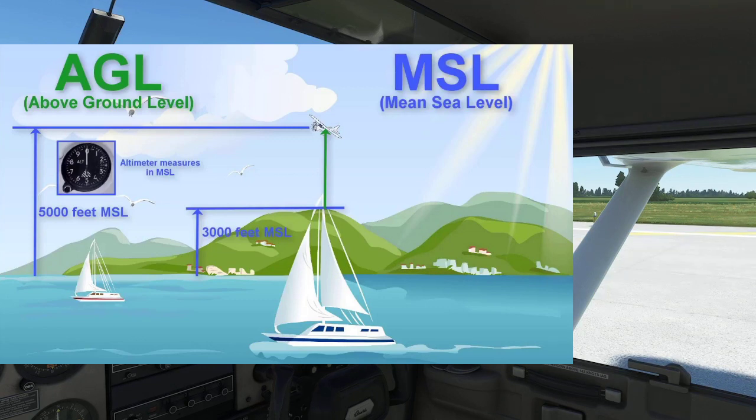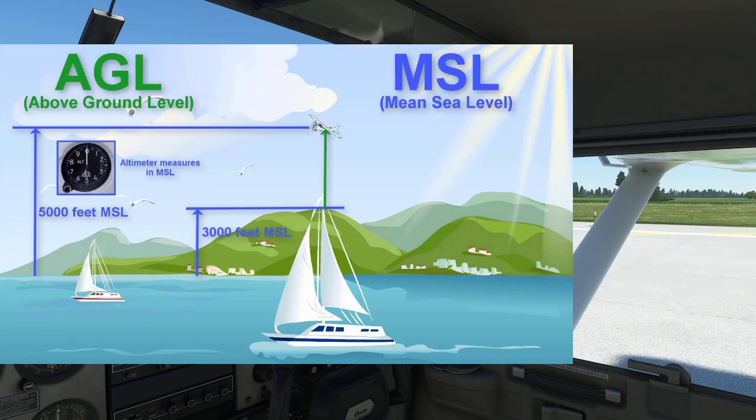And then we have above ground level. So we see a green arrow representing above ground level. What's happening there is we are 2,000 feet above ground level, because 5,000 feet minus 2,000 feet is 3,000 feet.